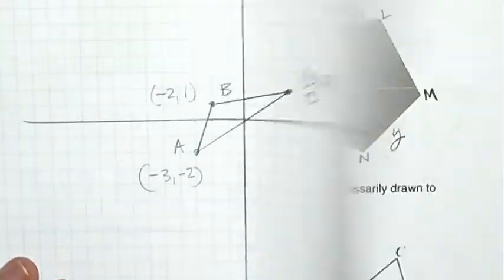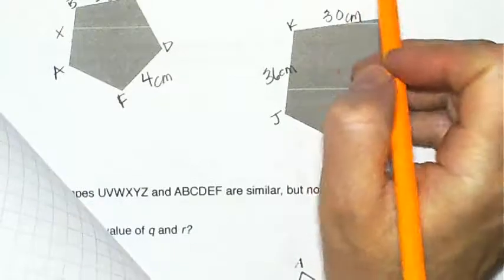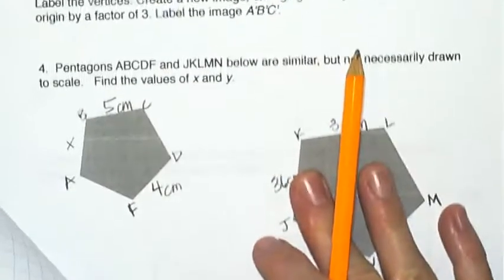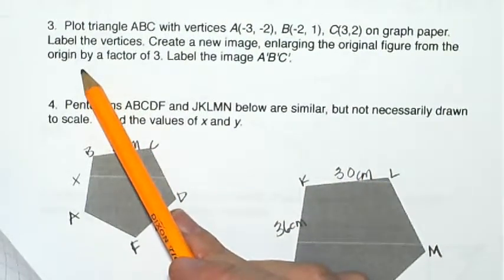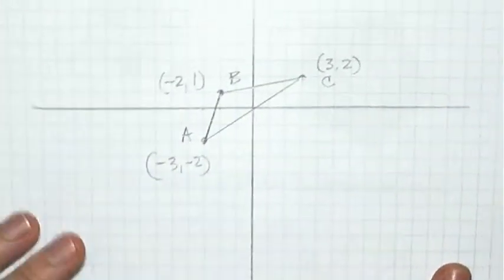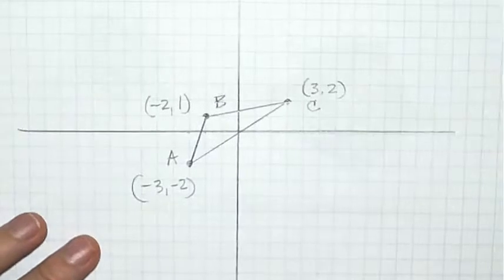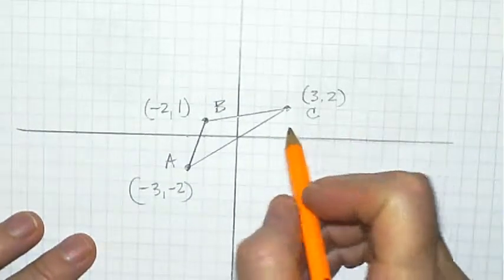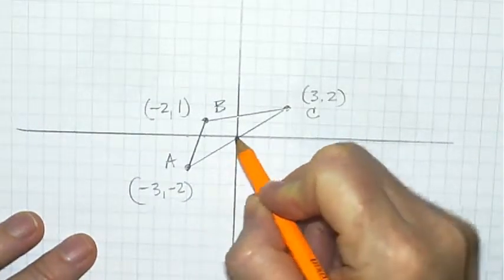So we're enlarging by 3 from the origin. So if we're enlarging from the origin, that does make life a little easier because I can just multiply the coordinates by 3, or whatever the scale factor is. So my center of dilation is the origin.